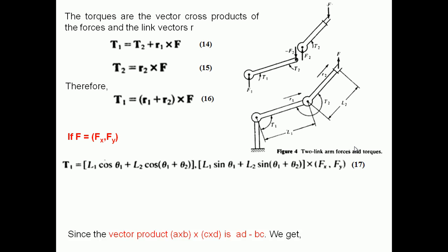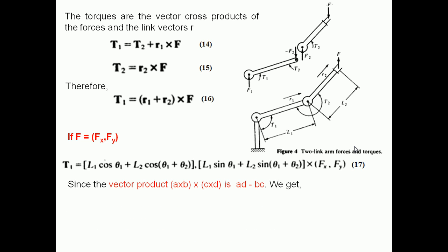So this equation 17 is the same. Again I want to recollect it. It's actually a cross product. Since the vector product of A B cross C D is AD minus BC. Try to understand this.